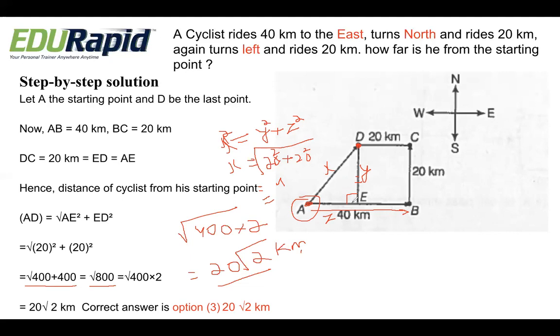Whenever there is a right angle triangle, this line is called the hypotenuse. The square of the hypotenuse is equal to the sum of squares of the other two sides, Z square plus Y square. And you know why? Y is 20 kilometers. Z is because E and B is 20 kilometers. A and E will also be 20 kilometers. That's it.